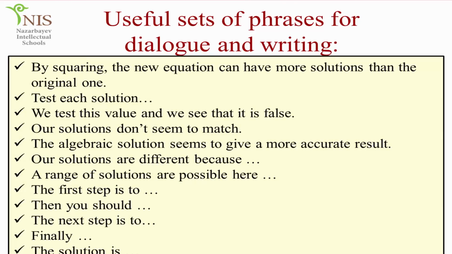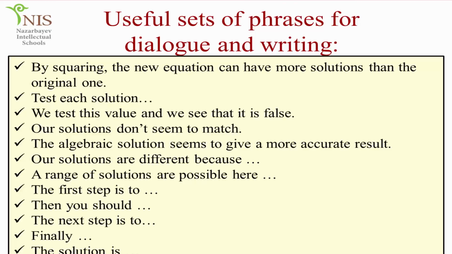So now let's talk about the useful sets of phrases for dialogue and writing. I'm going to read them. By squaring, the new equation can have more solutions than the original one. Test each solution. We test this value and we see that it is false. Our solutions don't seem to match.